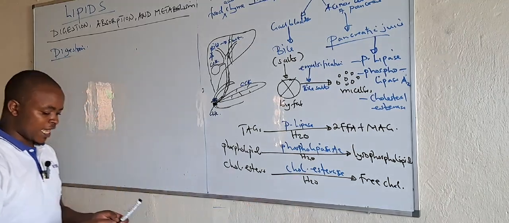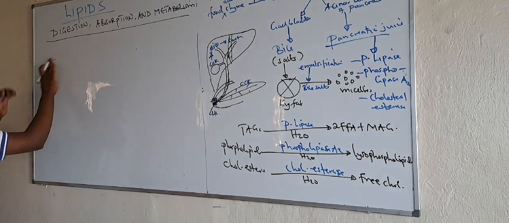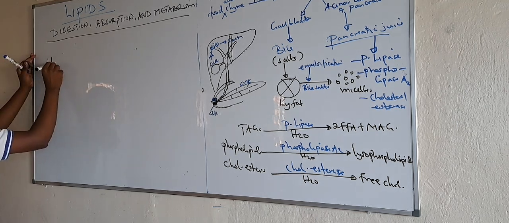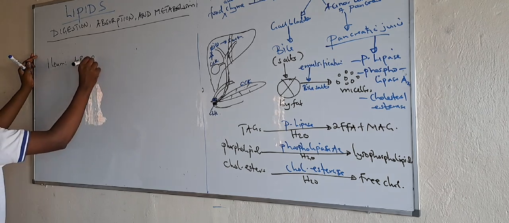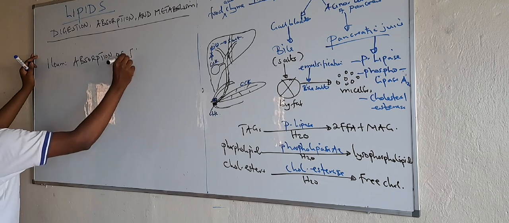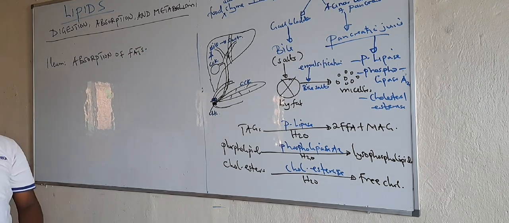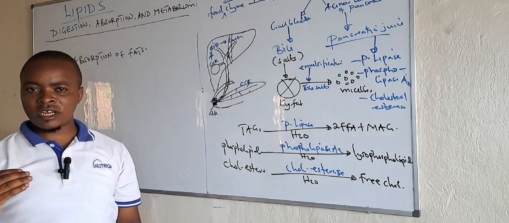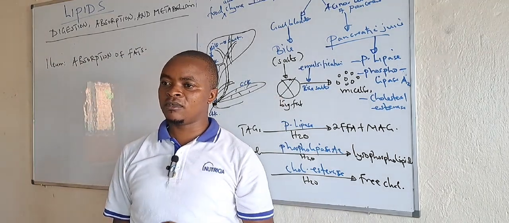Whenever we go to the ileum, now we talk about absorption of fats. There is no digestion in the ileum. No digestion of fats in the ileum. Digestion of fats stops in the duodenum.